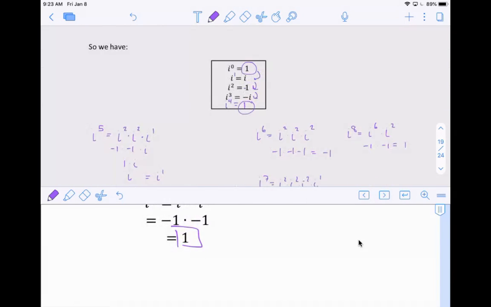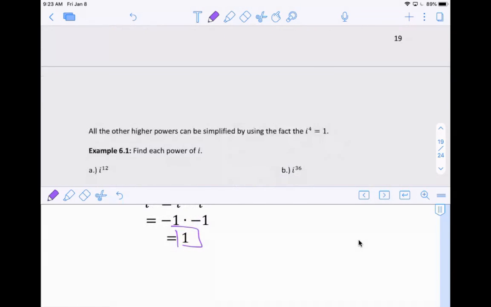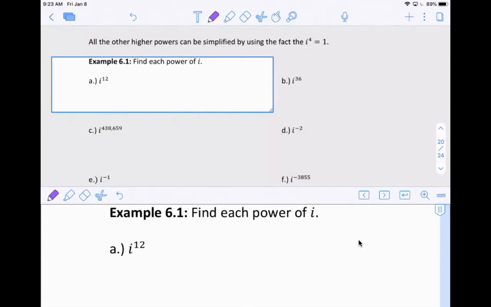And so we can use this to calculate really anything. If I had i to the 12th power, I just need to figure out how many 4-cycles it's gone through. So let's take 12 and divide it by 4. Is the remainder a 0? A 1? A 2? Or a 3?